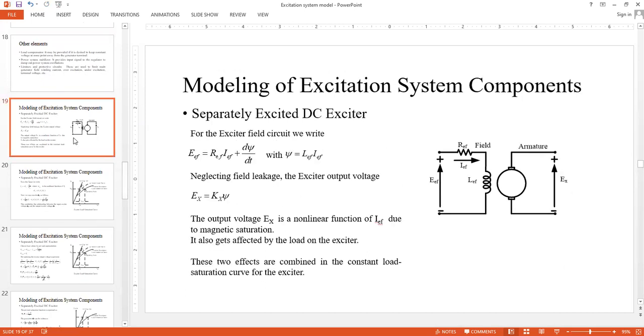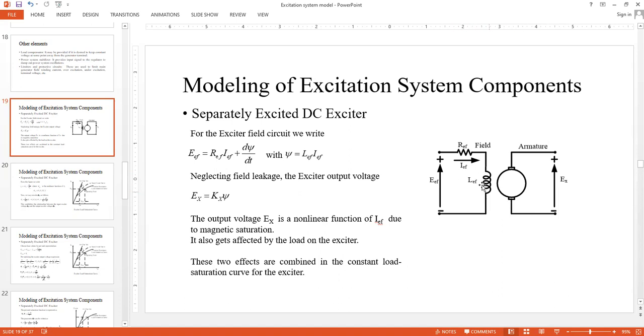Then we went on to the modeling part, where we started with the separately excited DC exciter. As I said, this is nothing but a separately excited DC generator. So you have the field being excited from a separate DC source, with the field resistance REF and the field coil inductance LEF, and the armature is producing the output that would be ultimately fed to the exciter coil, the generator, the actual machine coil.